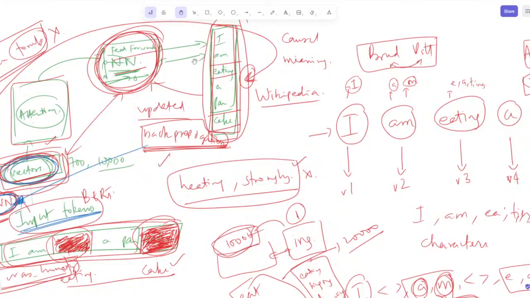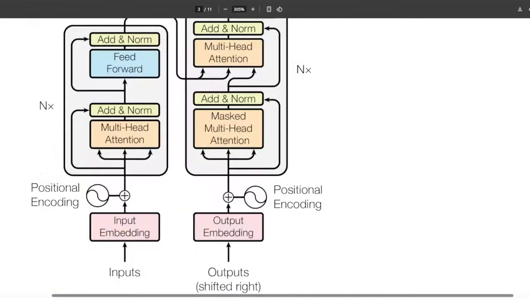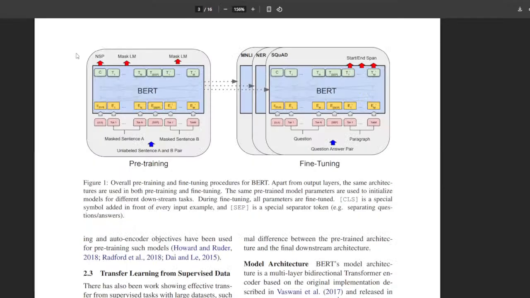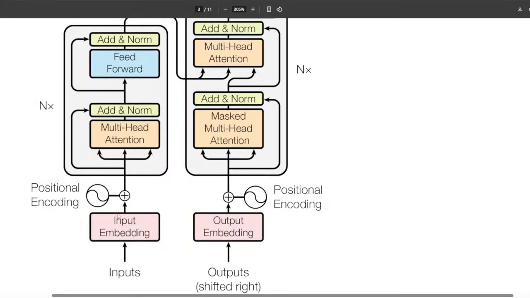There are two parts to it. It's this left-hand side that you see. Input embedding, gibberish, nonsense, doesn't make any sense initially. Of course, you have tokens, but initially you come up with very horrible vectors. Those vectors then get some position encoding. We'll get to this later. It's basically like, I am eating a pancake, so I take all the indexes of the inputs and I add that to the vector. Then I send it through attention.